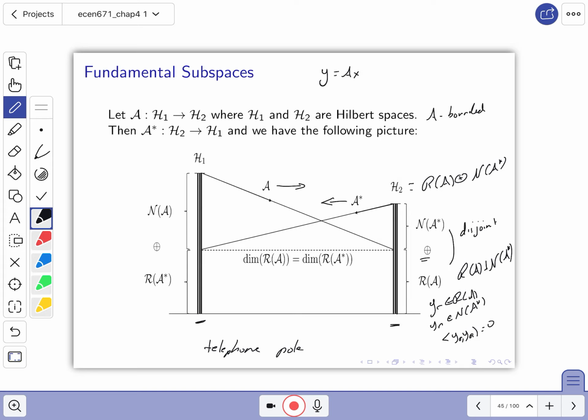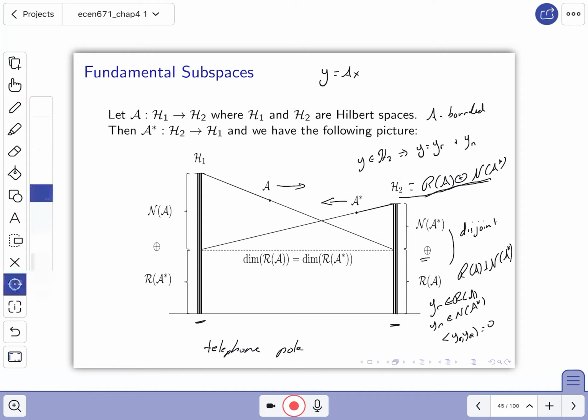This orthogonal decomposition also says that if we have any Y in H2, that implies that Y can be written as a unique decomposition of something in the range space of A plus something in the null space of A star. That's what it means to write that H2 is equal to the orthogonal decomposition of the range space of A and the null space of A star.